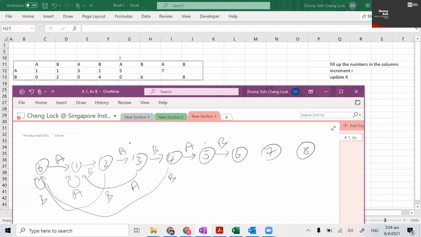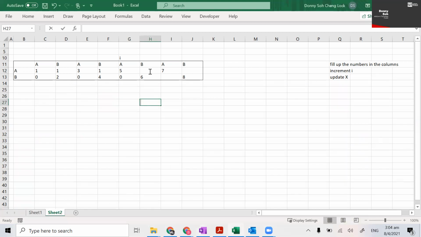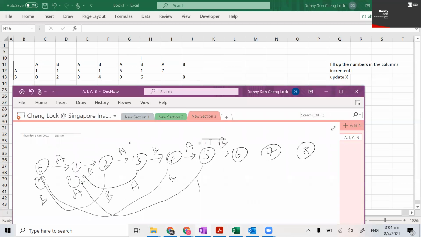And so it means that at this point, if I were to see an A, this will go all the way back to state number 1. And hence this should be our number 1. I now update my I. I'll update my I here. And if at state X, if I see a B, it will bring me to state number 4.